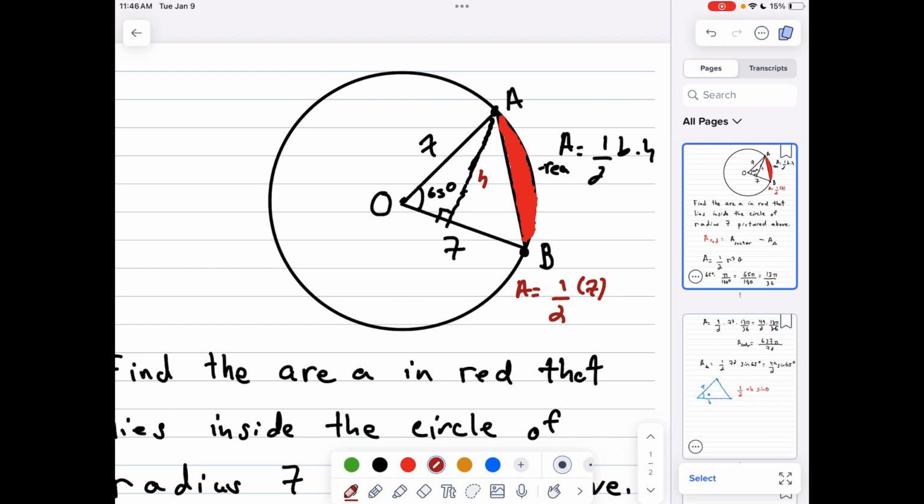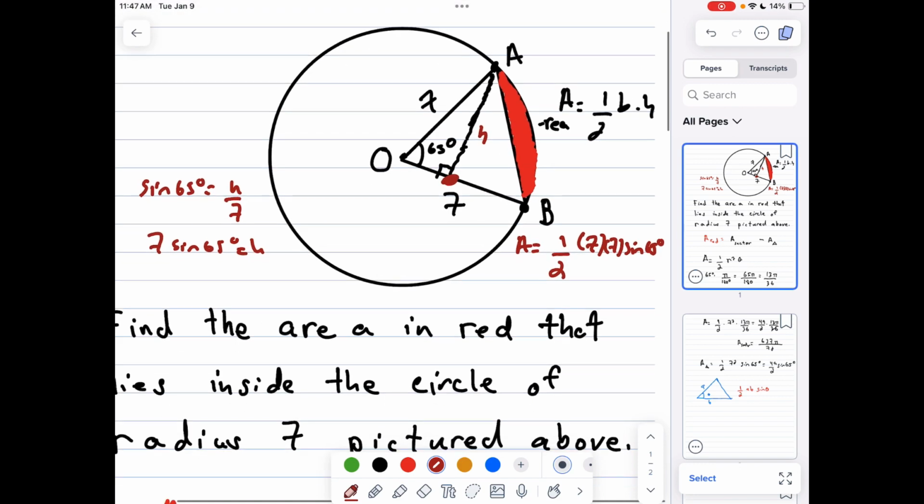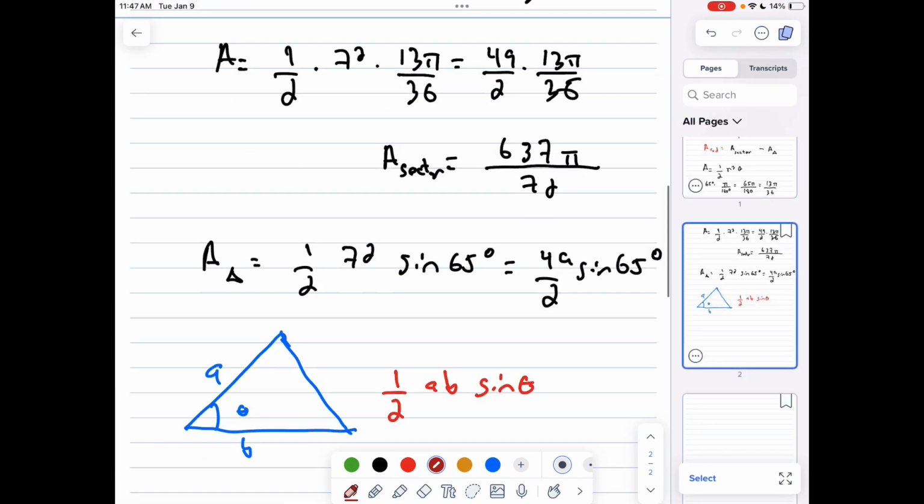If you look at the triangle formed by OA and this point right here where you have an angle of 90 degrees, you could use trig and say the sine of 65 degrees is equal to the height over 7, or height is 7 sine 65 degrees. So that is how you would get that answer without using that formula, but they're equivalent, as you can see. So either way works out.